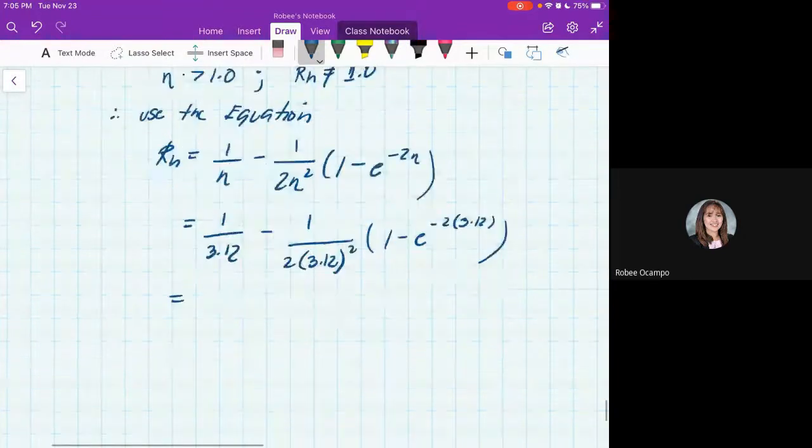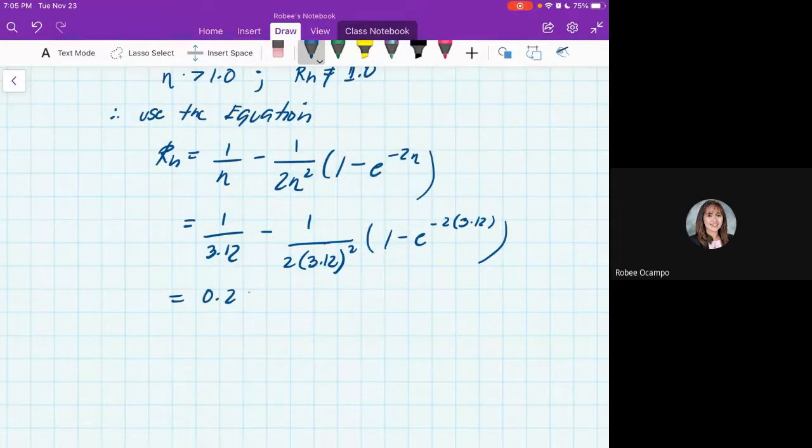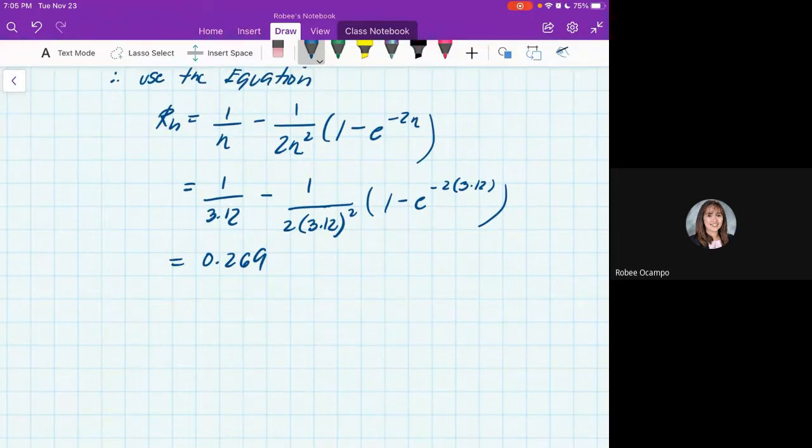So this would be 0.269. So meron na tayong value for our RH.